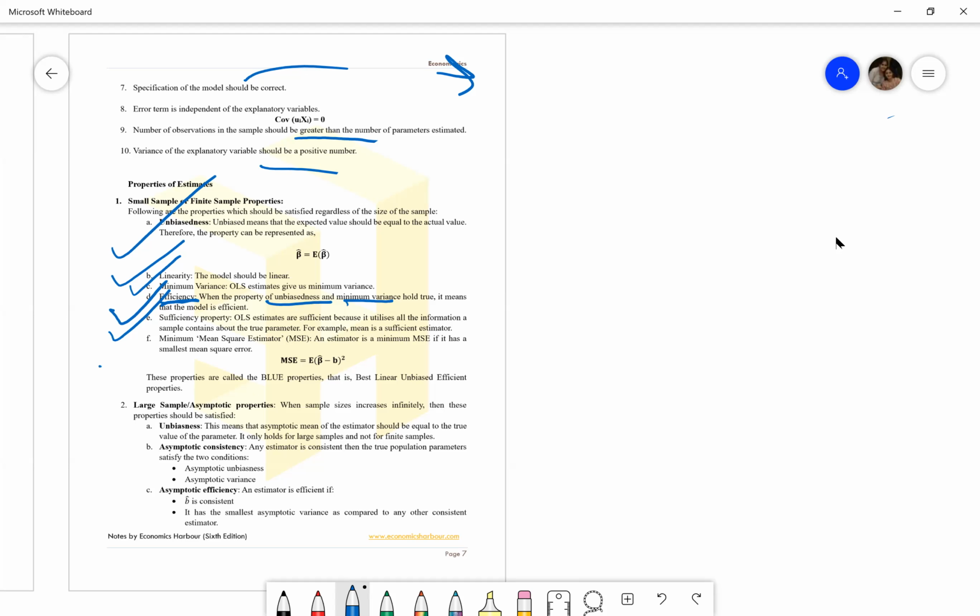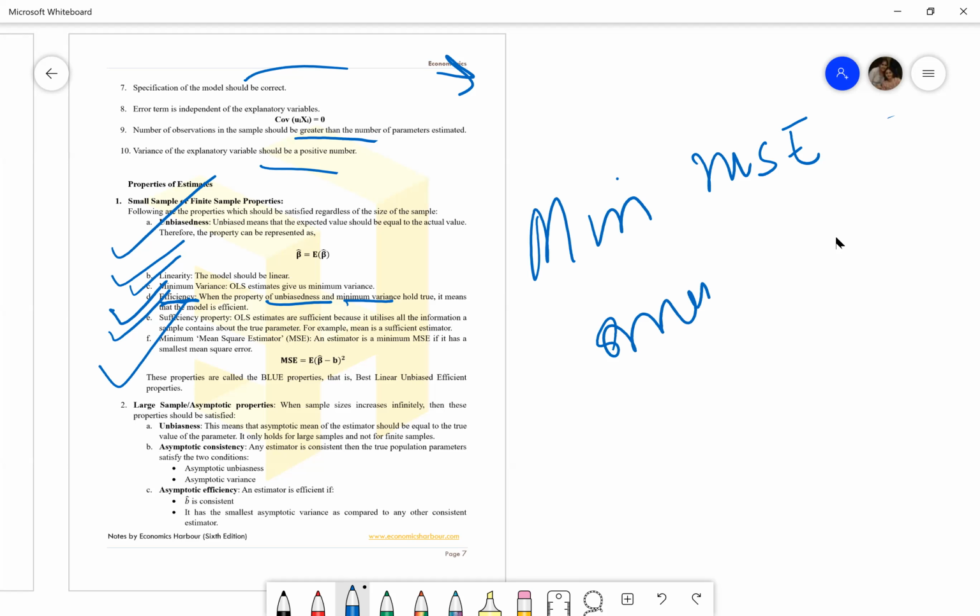Next is your minimum mean square estimator, in the sense that you have a minimum mean square error.